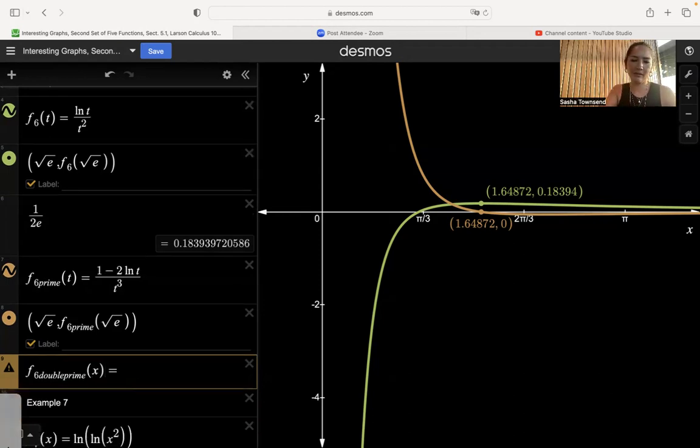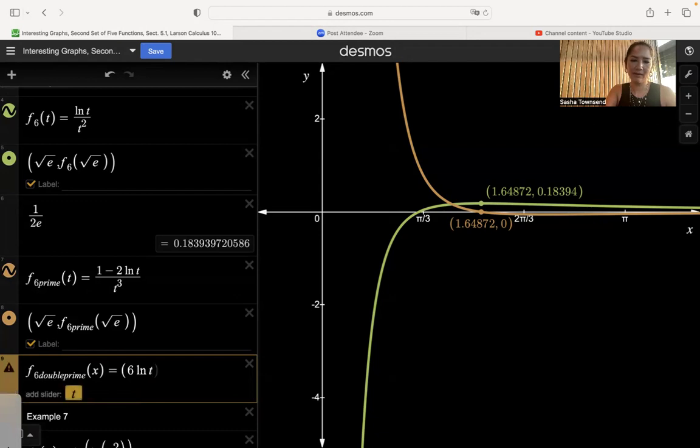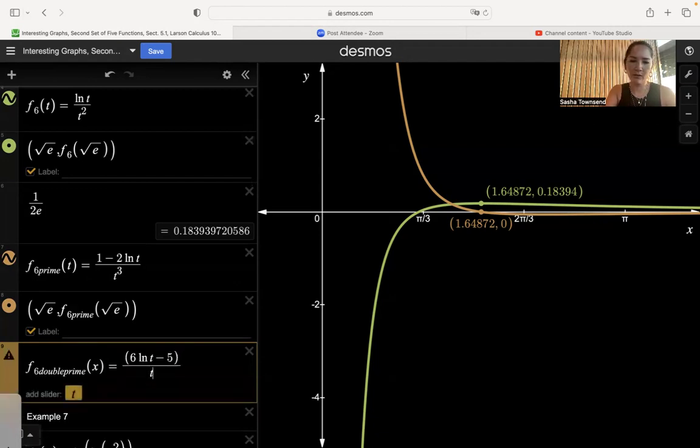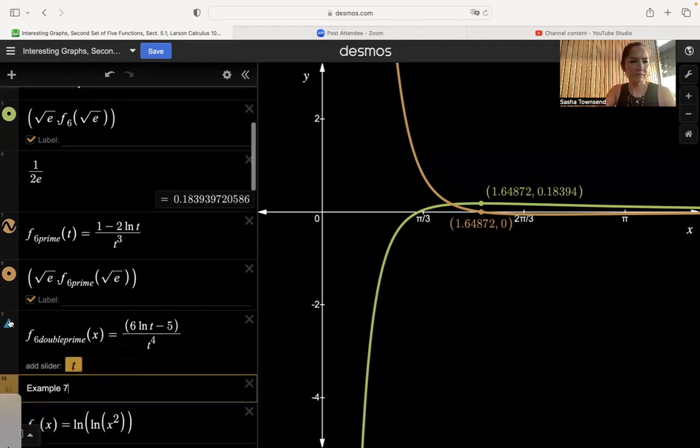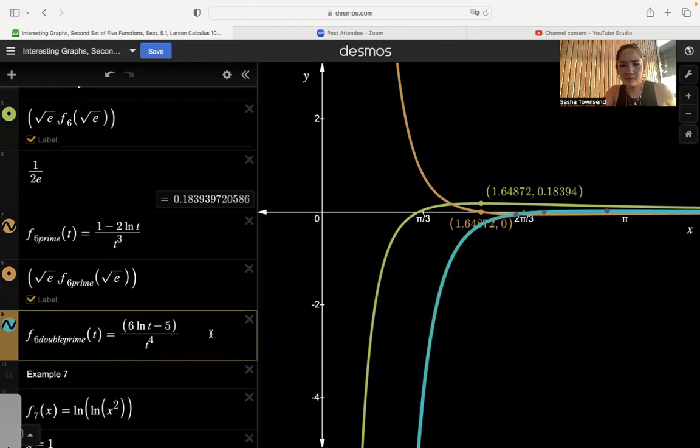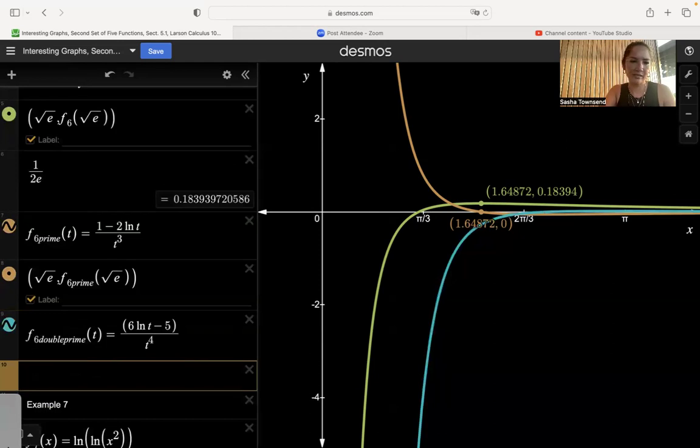And we did some calculations. We got 6 natural log of t minus 5 divided by t to the 4th. Let's try defining t. Oops, there we go. And we said that function is 0 at e to the 5/6.